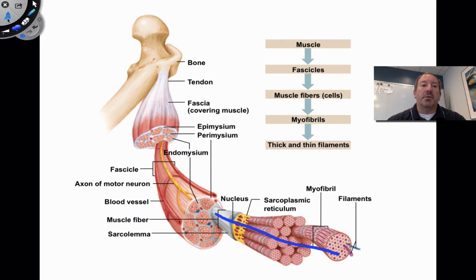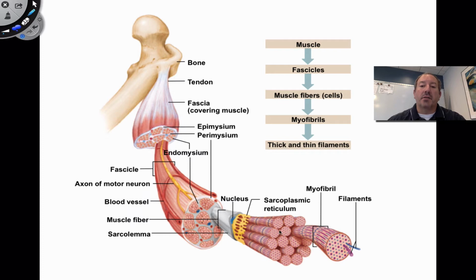The myofiber is composed of many different kinds of proteins, but these can be referred to simply as filaments. There are thick filaments and thin filaments. We're going to come down to this level because it's the sliding of the thick and thin filaments past each other that makes the whole muscle contract. So pretty cool, I think.